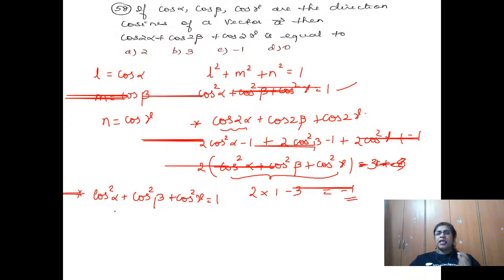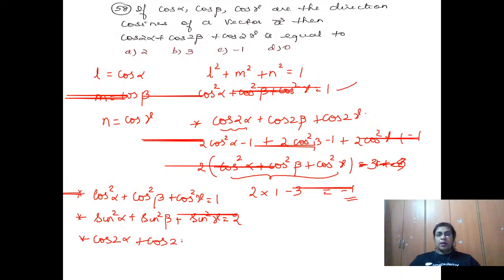This is an important standard result. Now cos square theta can be written as 1 minus sin square theta, so if you get the question in terms of sine, sin square alpha plus sin square beta plus sin square gamma is equal to 2 if you simplify. And cos 2 alpha plus cos 2 beta plus cos 2 gamma is equal to minus 1. You have to remember these as standard results.